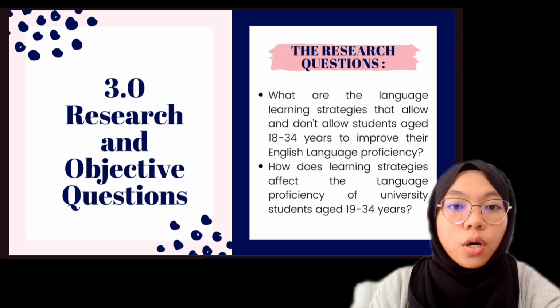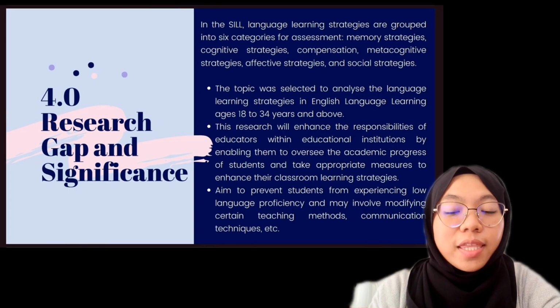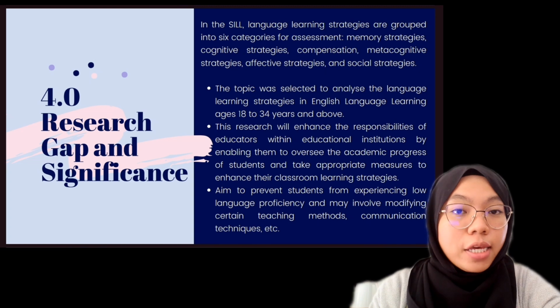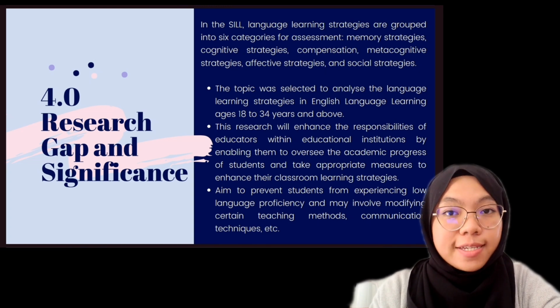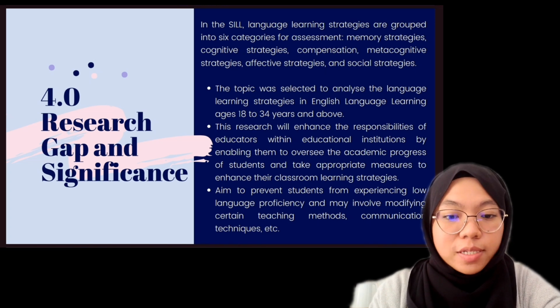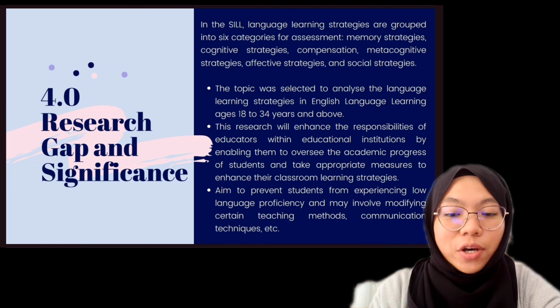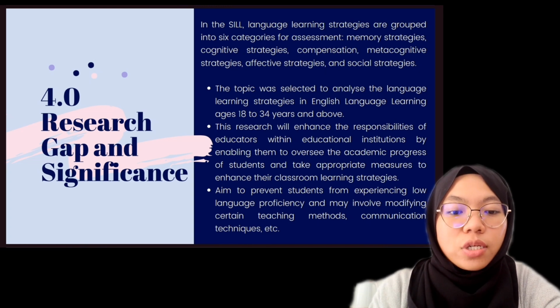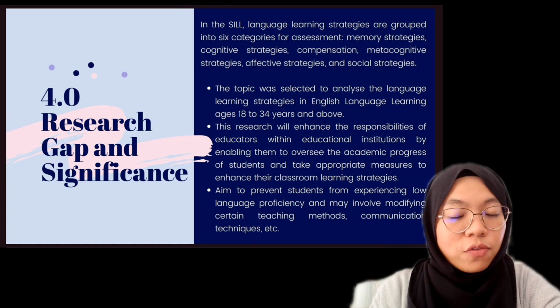Now we will proceed with research gap and significance. In this SILL, language learning strategies are grouped into 6 categories for assessment: memory strategies, cognitive strategies, compensation strategies, metacognitive strategies, affective strategies, and social strategies. The topic was selected to analyze the language learning strategies of learners aged from 18 to 34 years old.